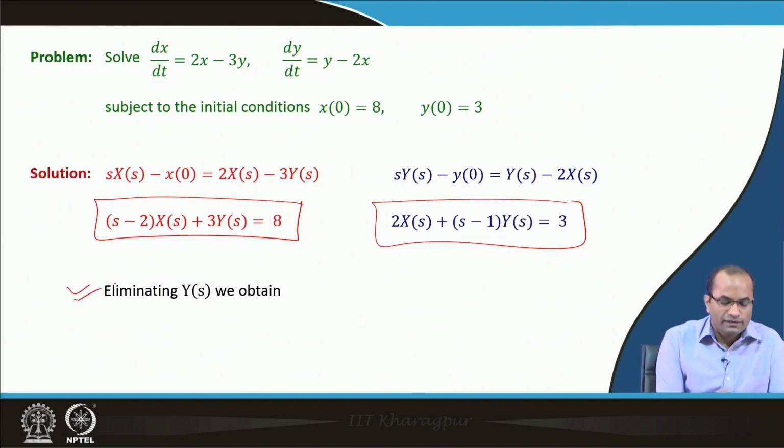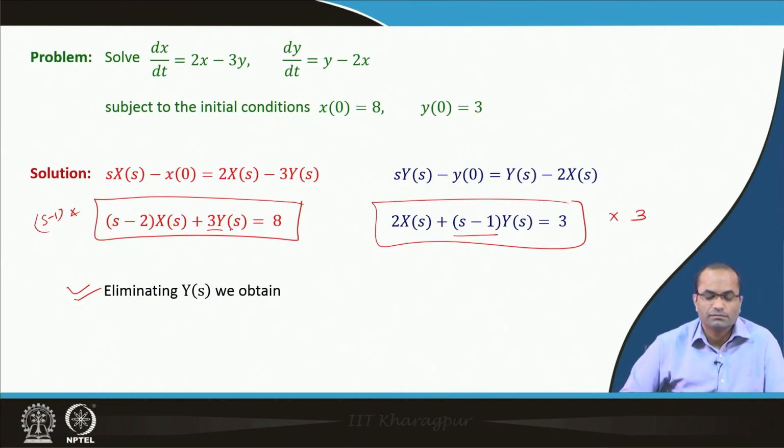So, for instance, if we eliminate y s from both, so to eliminate y s here we need to multiply, for example, this first equation by s minus 1, and the second equation we can multiply by 3. So, in that case this y s term will be similar. Here we will have 3 s minus 1, here also we will have 3 s minus 1, and then we can subtract from each other, we will get the equation.